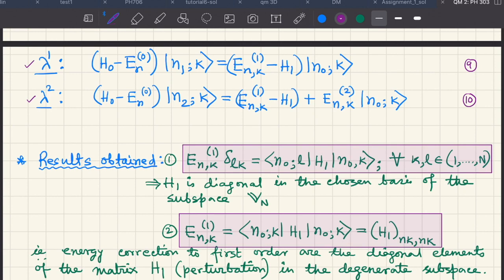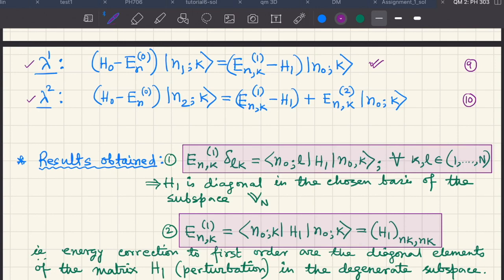And for that, in the last class, I had given you a prescription which contained 3 different steps, and we had actually applied the first step, where I said that you hit the order lambda equation, that means this equation, with bra n0L to learn 2 things.